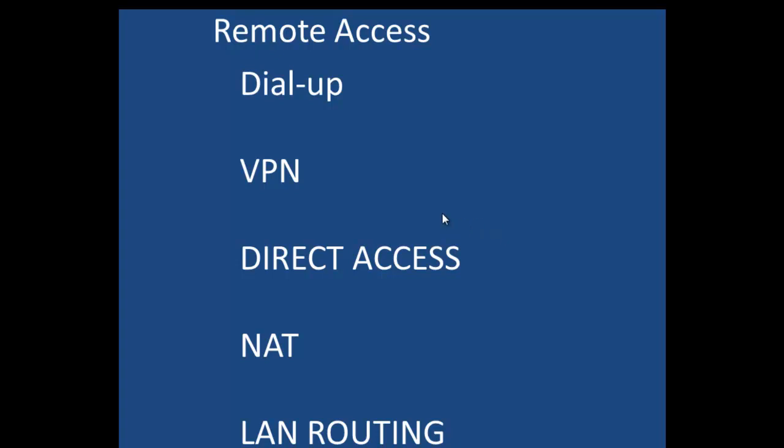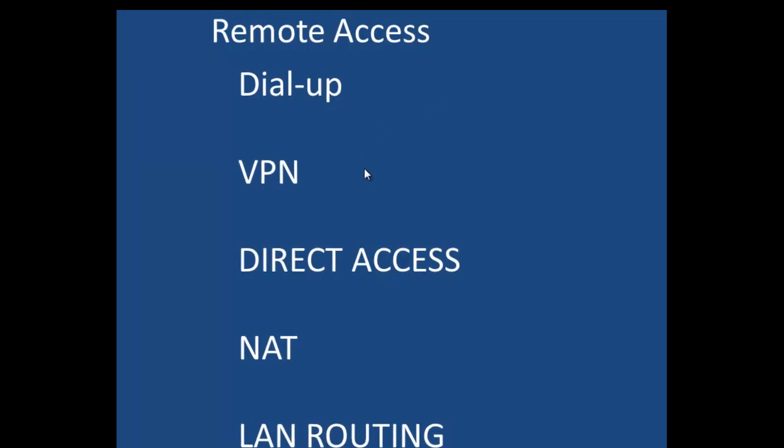We have the traditional dial-up method where we use a modem and the telephone line to make a direct connection with the internal network. And then we have the VPN, which is also a traditional method, which allowed you to access your internal network once you had an internet connection.